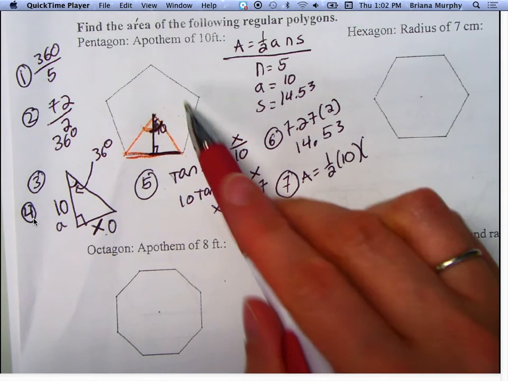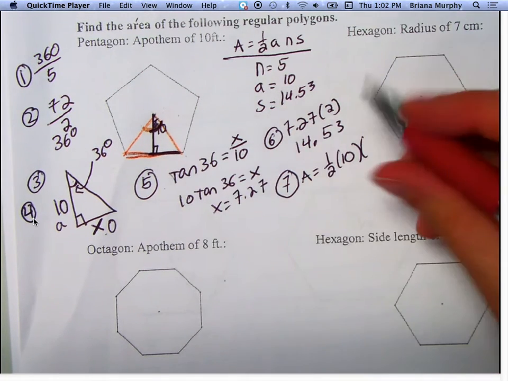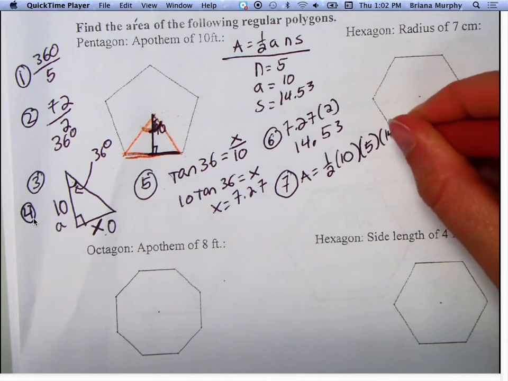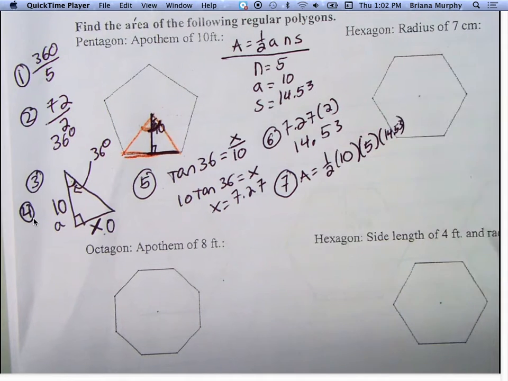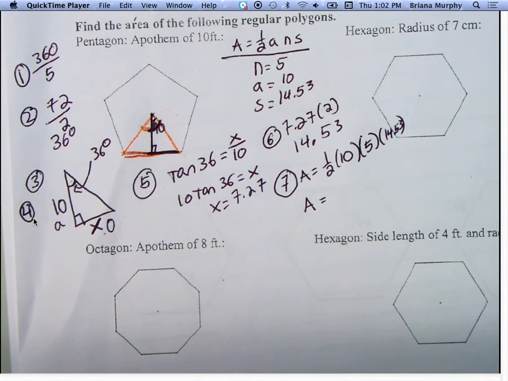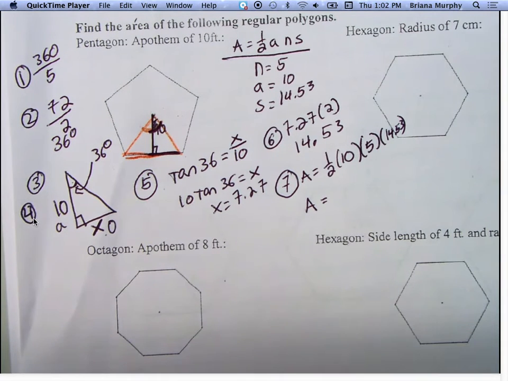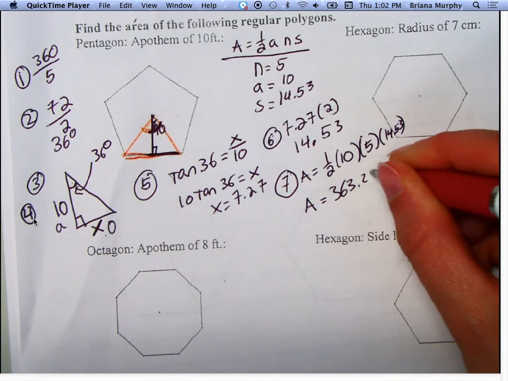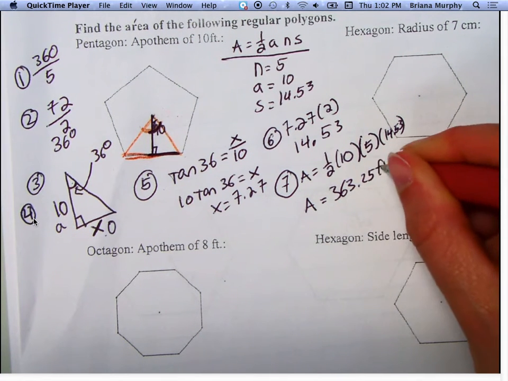How many sides does this have? 5, right? Times the length of the side, 14.53. When I stick it in my calculator, 0.5 times 10 times 5 times 14.53 gives me 363.25 feet squared.